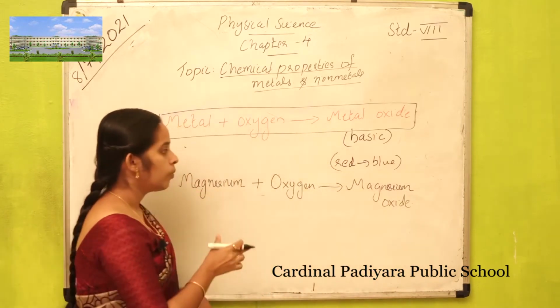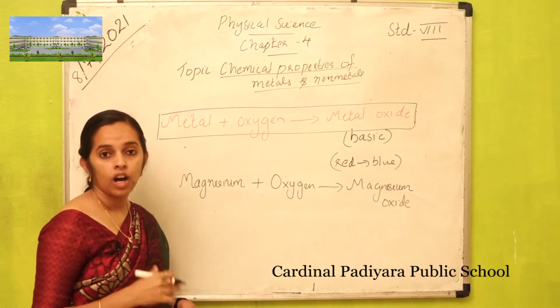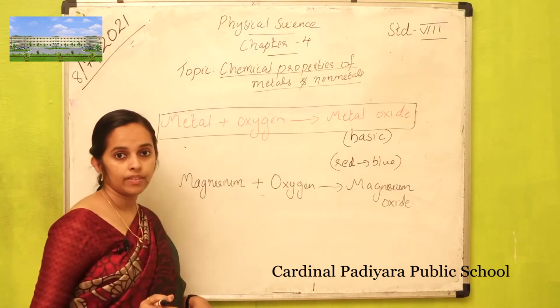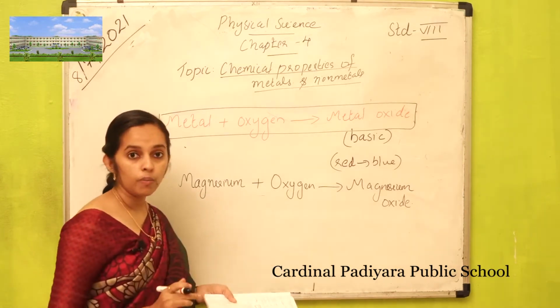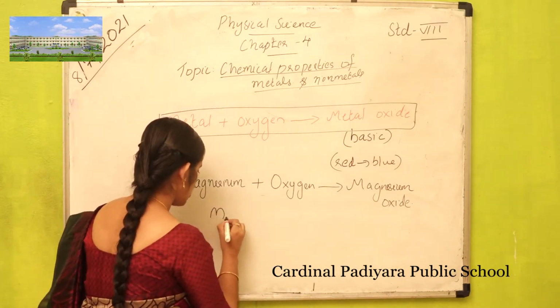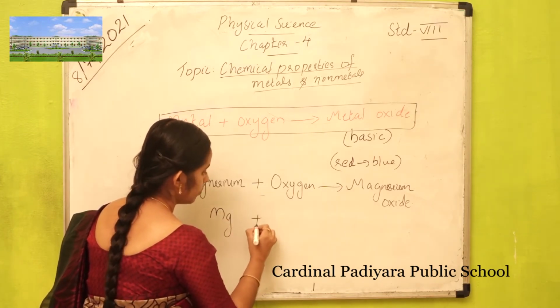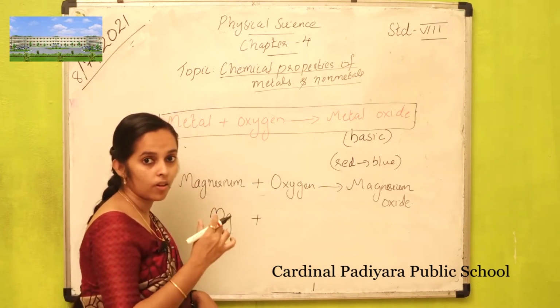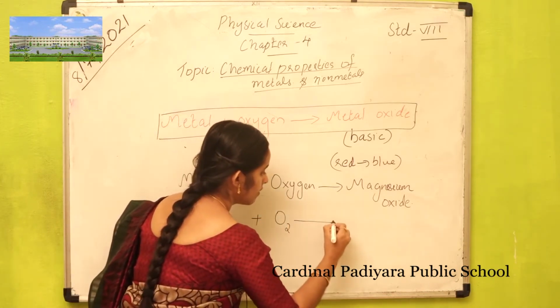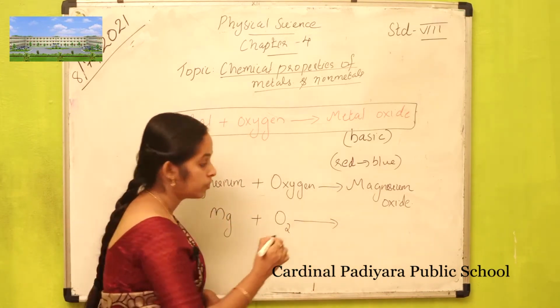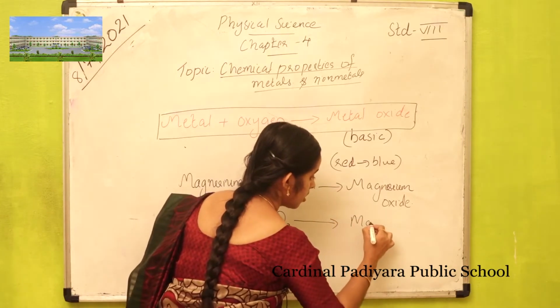Then what about the chemical formula? How can you represent magnesium? It's Mg, the symbol for magnesium. So Mg reacts with oxygen. How do we write oxygen? O2, isn't it? O2 gives magnesium oxide. The formula is MgO.